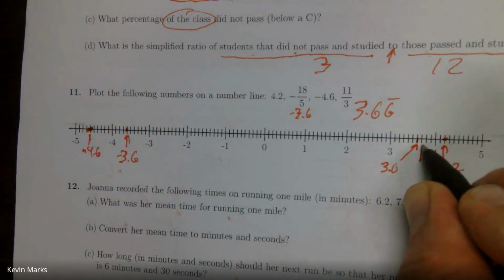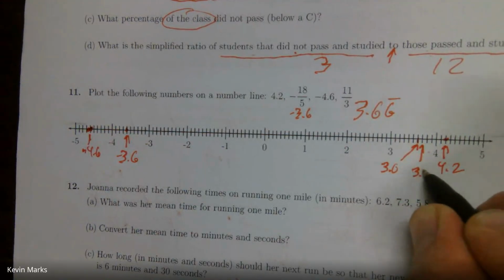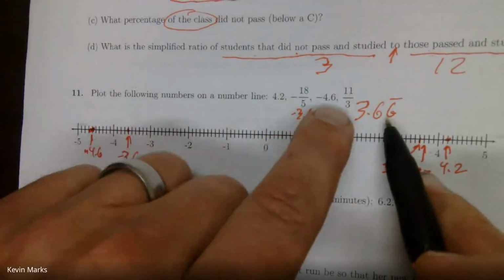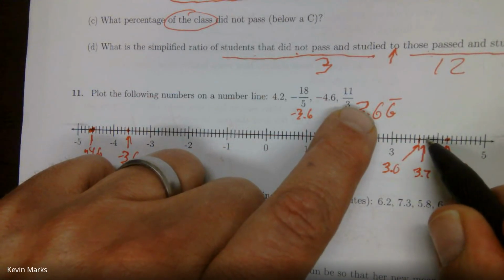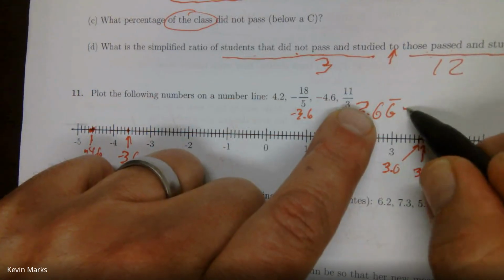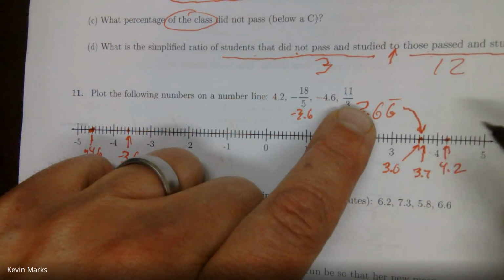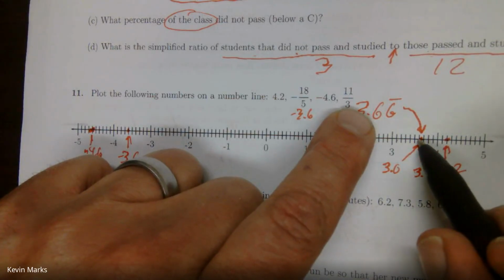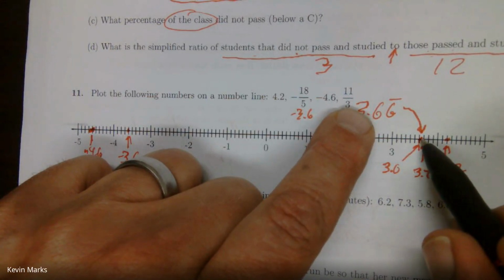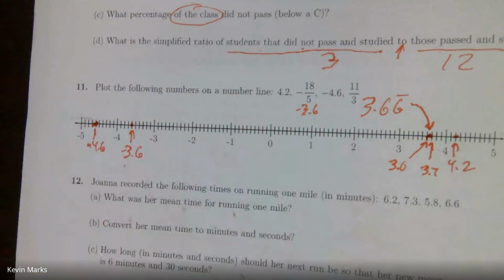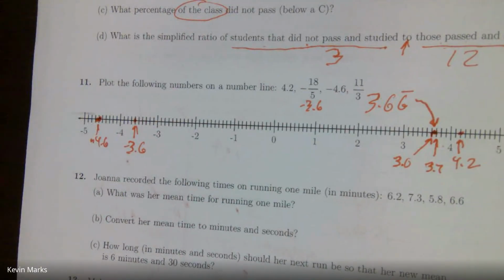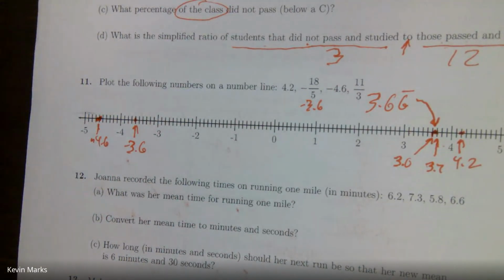That next slot right there would be 3.7. So 3.6666 repeating is more than 3.6, but it's not quite 3.67. So it's got to be in between there. That's the whole point. It's got to be more than this one, but less than that other line. So it's in the middle. Make sure that you have that in the middle. Right on.